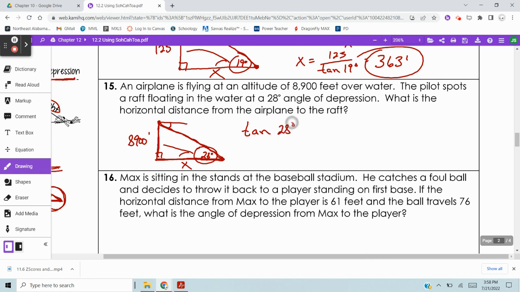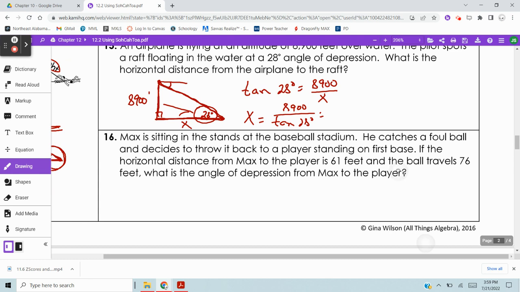The tangent of my angle is equal to opposite over adjacent. Again, we're simply going to switch our x and tan. So x would be 8,900 over the tan of 28 degrees, which gives us 16,738.5 feet.